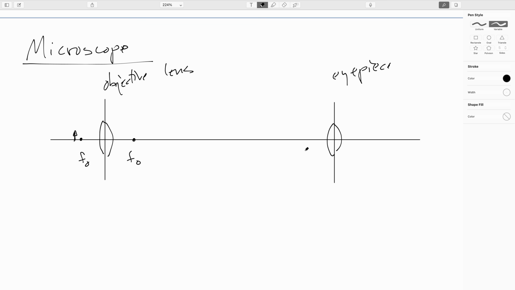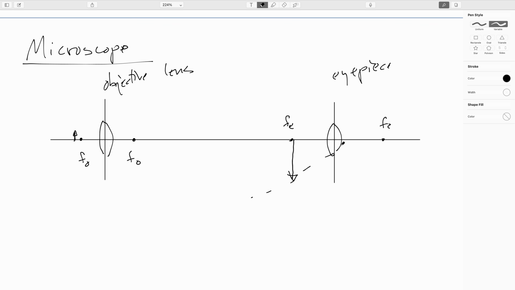And I'm not going to draw the ray diagram here because that's just not going to go well. But the image is going to end up, say, somewhere over here. And then what you do is you have it so that this is parked just inside the focal length of the eyepiece, and then this acts like a simple magnifier.